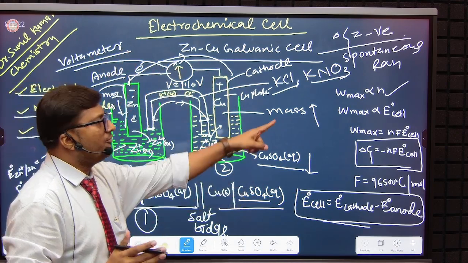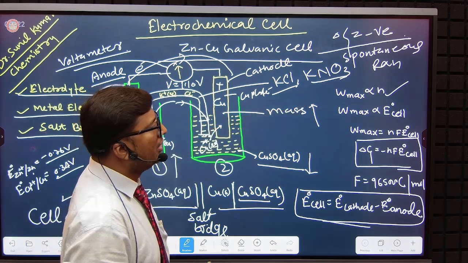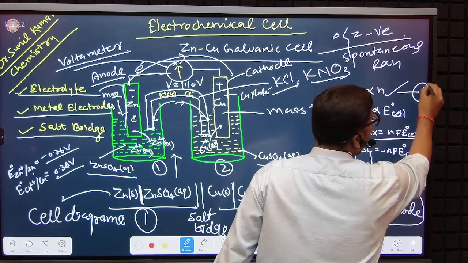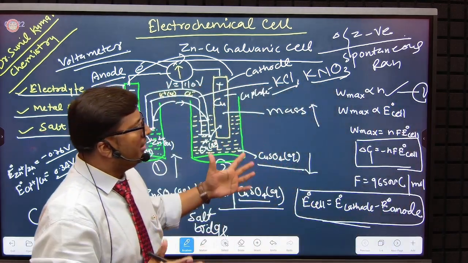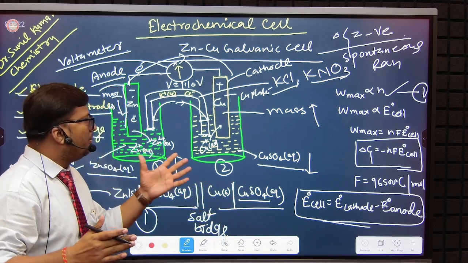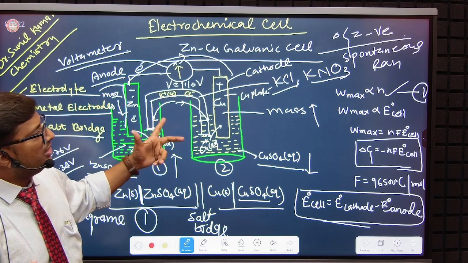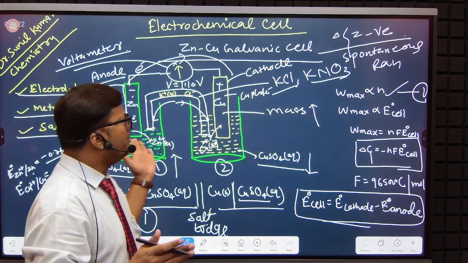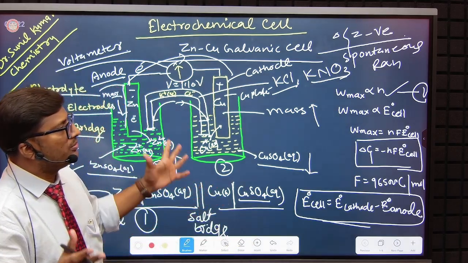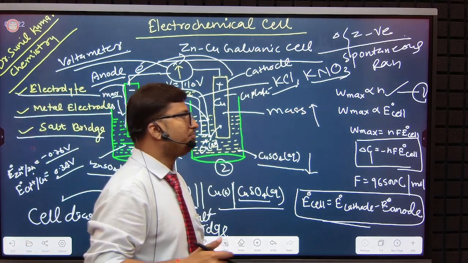So the total number of electrons, n, is the first factor. The work done by this system depends on the number of electrons transferred from anode to cathode in the overall redox process, that is n.